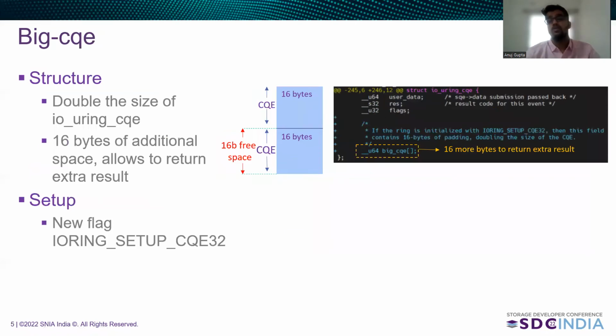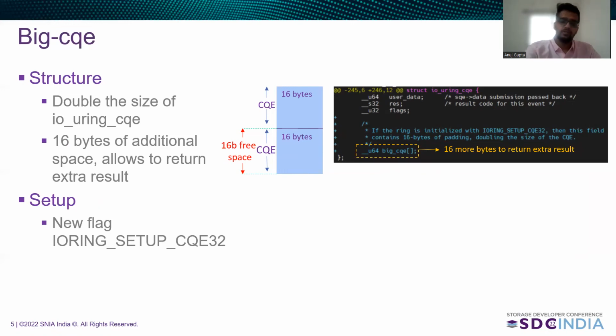Okay, so coming to Big-CQE. Big-CQE is a modified version of the existing io_uring CQE. It is double the size of a regular CQE. If you see this diagram here, you can imagine the Big-CQE as two regular CQEs stacked on top of one another. The first CQE can store the user data, flags and the io_uring status value, whereas the second CQE is completely free.